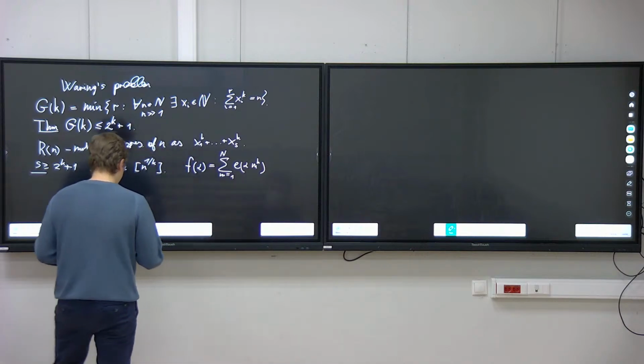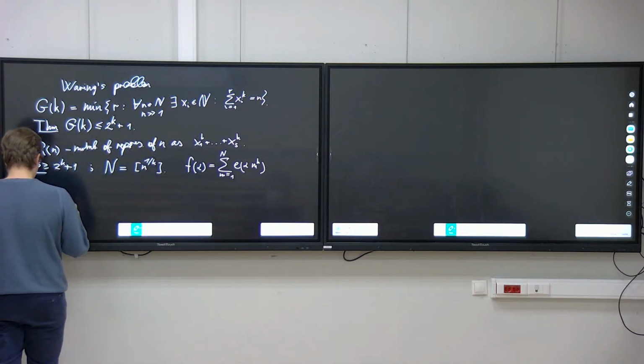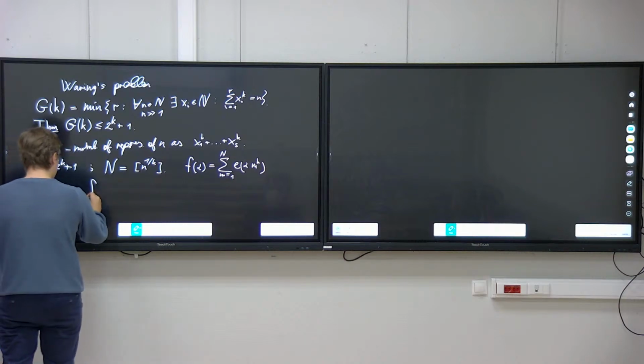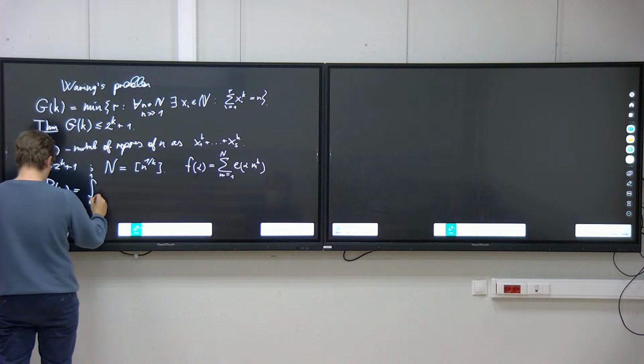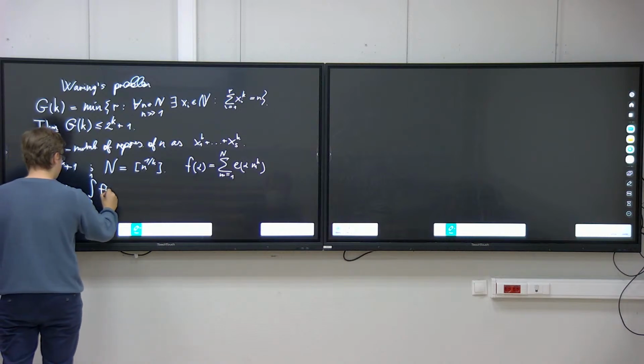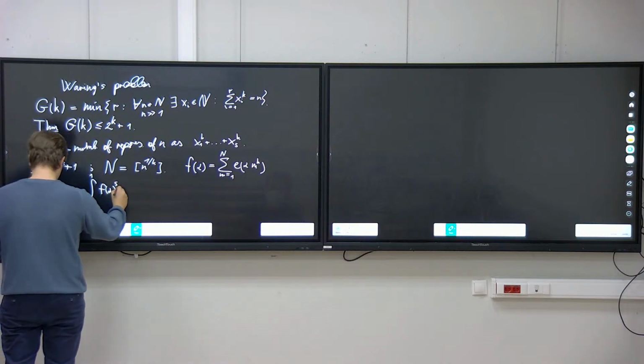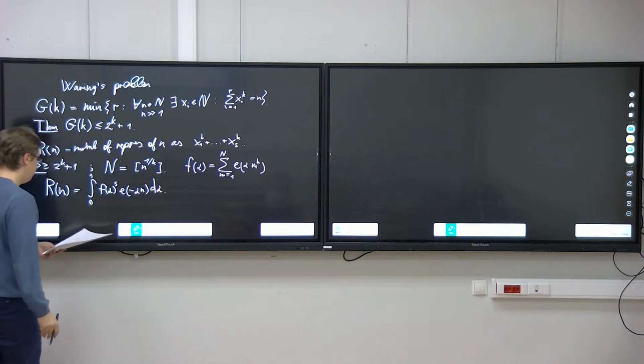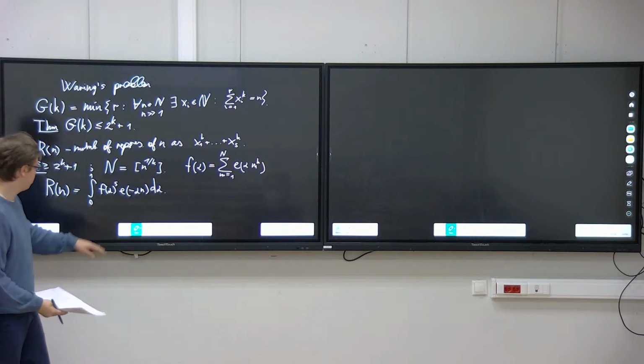And we know that r of n is clearly the integral from 0 to 1 of f of alpha to the power s, exponent minus 2 pi i alpha n, d alpha. Okay, so just quickly.